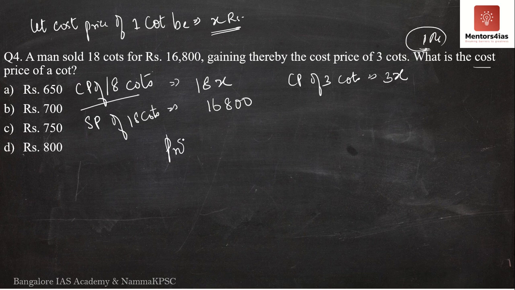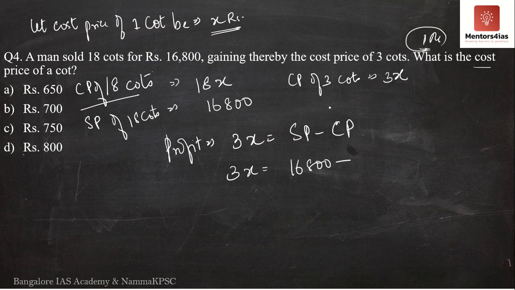Then profit, that is 3x, is equal to selling price minus cost price. Profit is nothing but selling price minus cost price. Therefore 3x is equal to SP, that is selling price, 16,800 minus cost price, that is 18x for 18 cots.